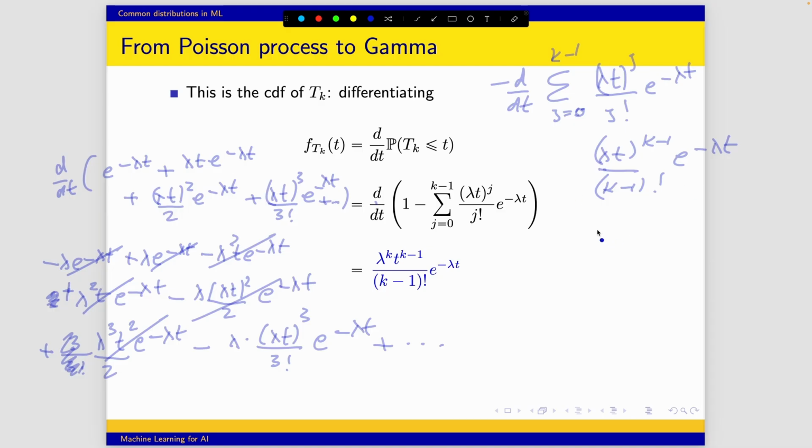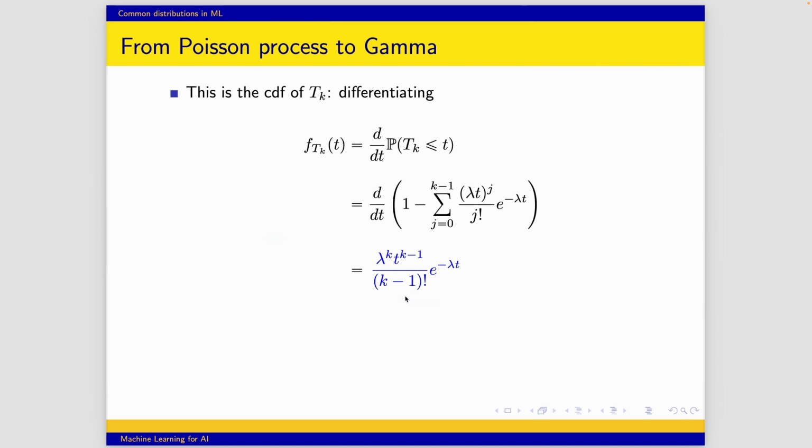And we'll be left with lambda times the derivative of this times this. So we'll be left with minus lambda times (lambda t)^(k-1) over (k-1) factorial e^(-lambda t). And this is lambda^k t^(k-1) over (k-1) factorial, which is what we have here. And the minus, because we have a minus in front of this sum, will become plus. And so we're left with this, which is precisely this thing here.